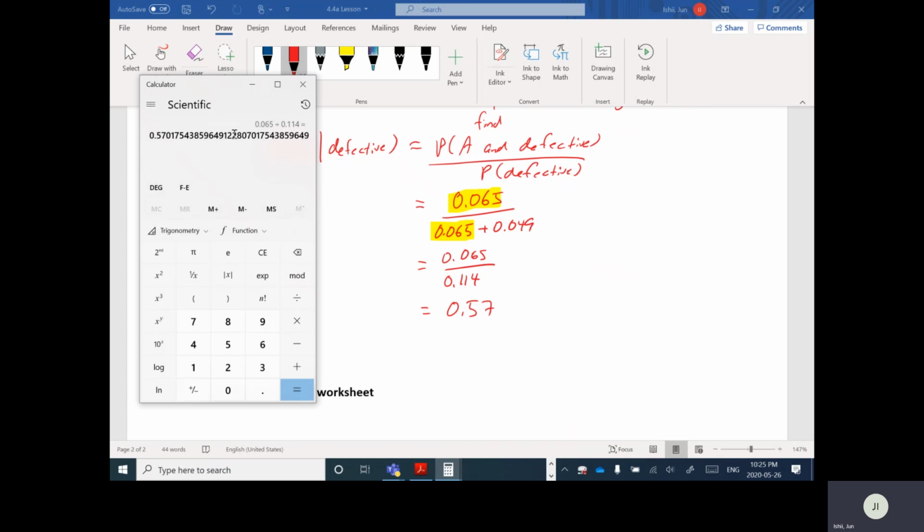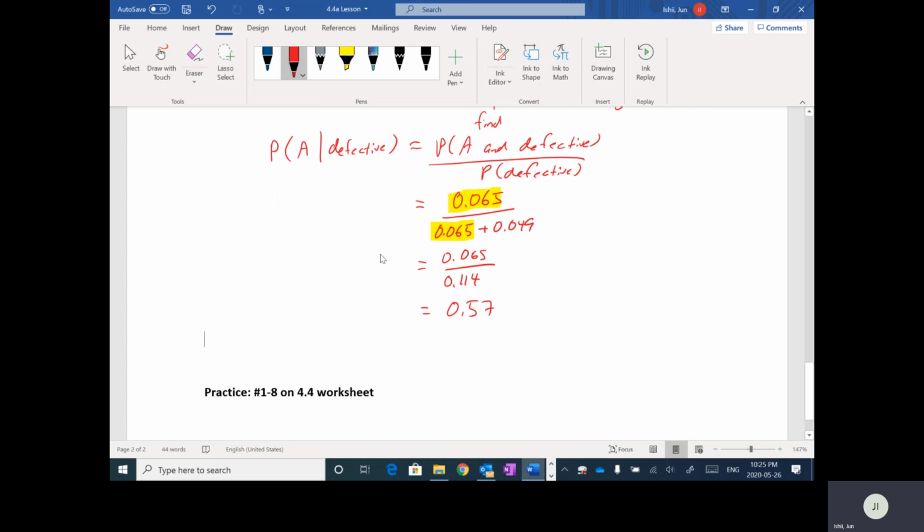Let's just leave it at 0.57. All right. So 57% of the time. Okay. So if you know a chip is defective, 57.5% of the time it'll come from machine A. All right.